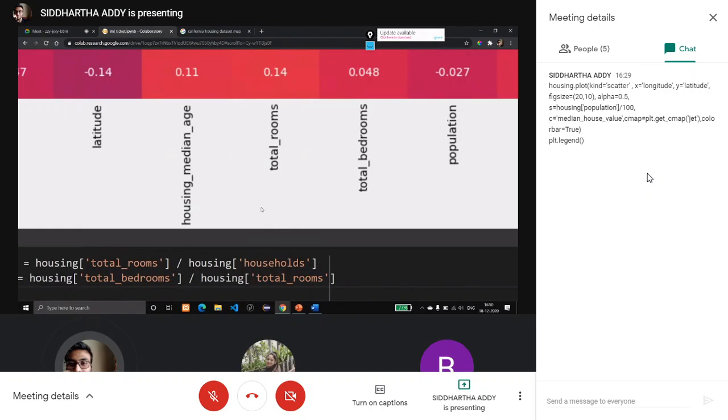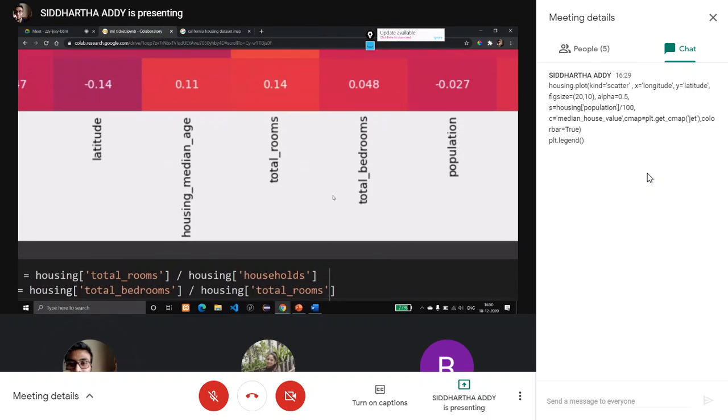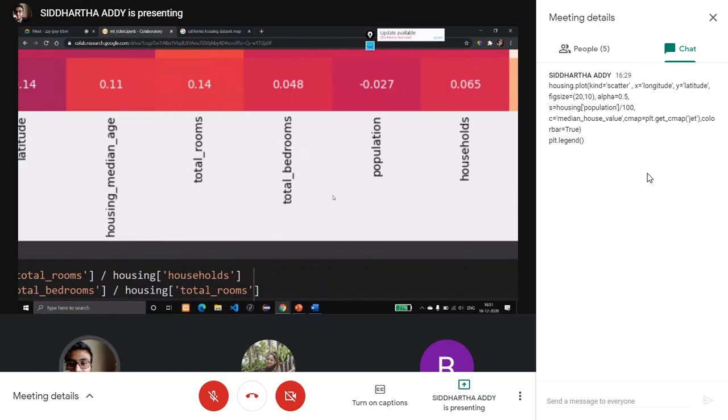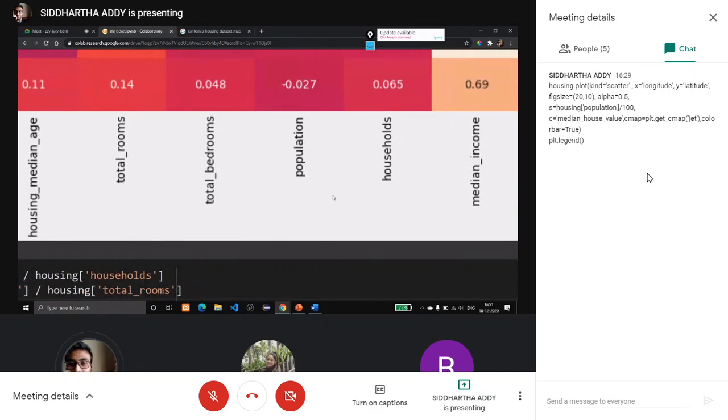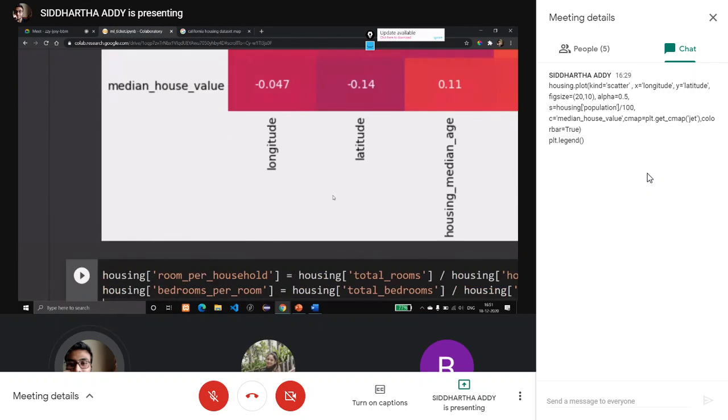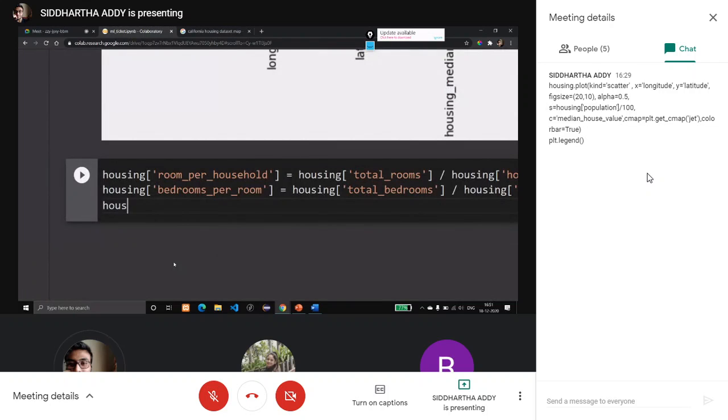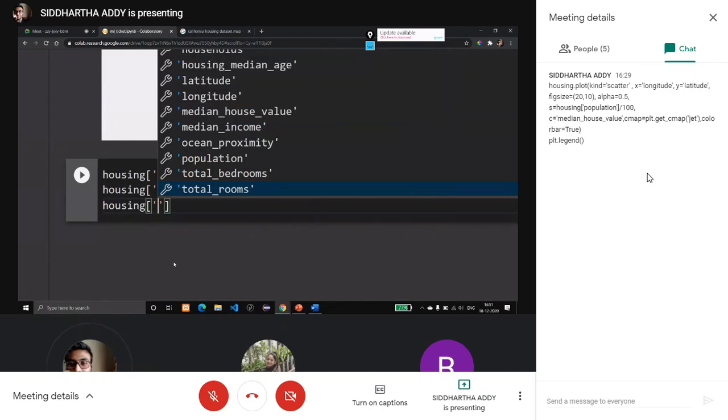So let's use population per household. Let's try population per household, right? Why not? Just pick randomly.